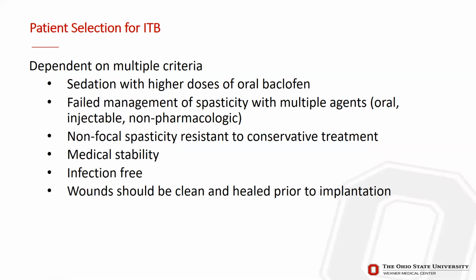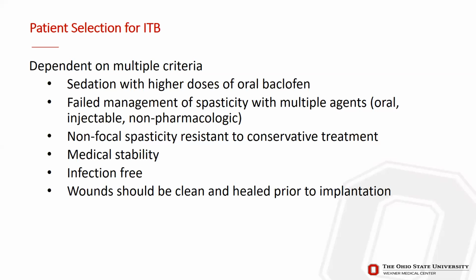So how do I select patients for baclofen? Multiple criteria. One of the biggest ones is if they're sedated on higher doses of oral baclofen, if they've failed management of spasticity with multiple agents, if they have non-focal spasticity. So if they have pretty global spasticity, both arms, both legs, or an entire arm and leg, and it's too much for medications to manage or for Botox to manage.